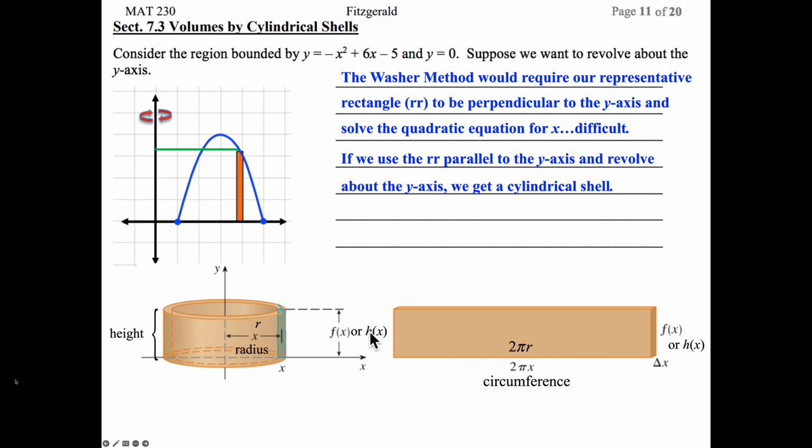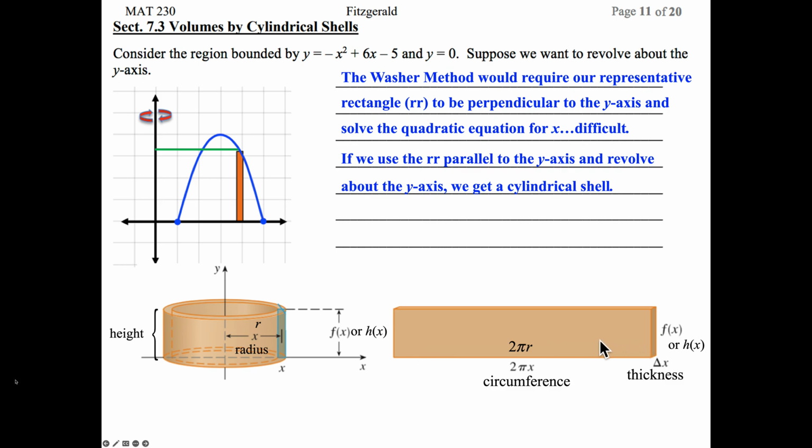because in order to do the shell technique, you need to multiply the radius, which we'll call r of x, times the height, h of x, and then we'll multiply that by our change in x. So here's my length times my height times the thickness, which will give me the volume of that rectangular box right there.